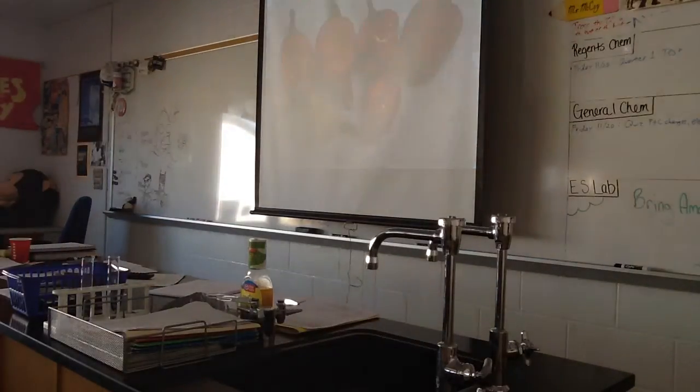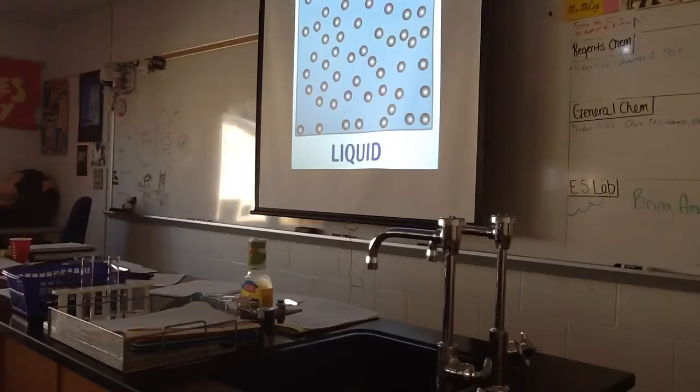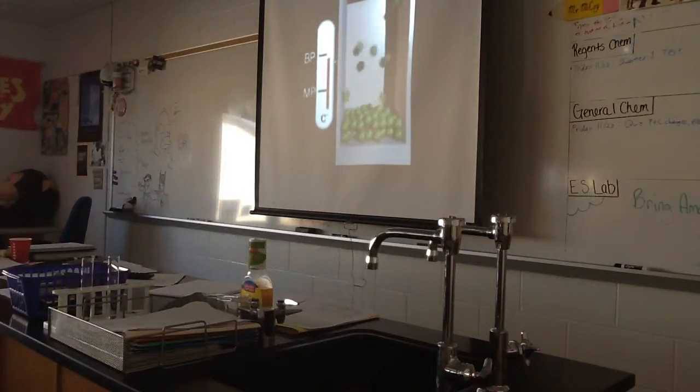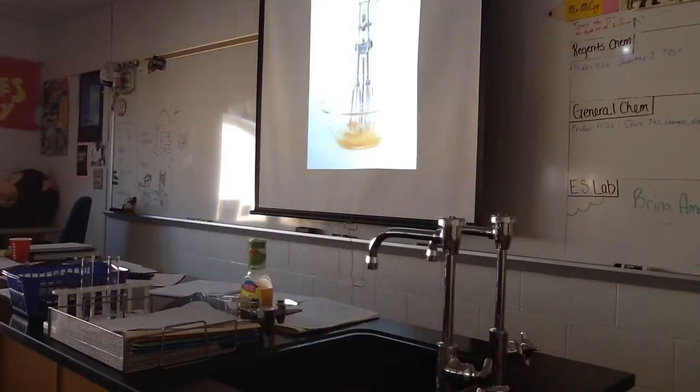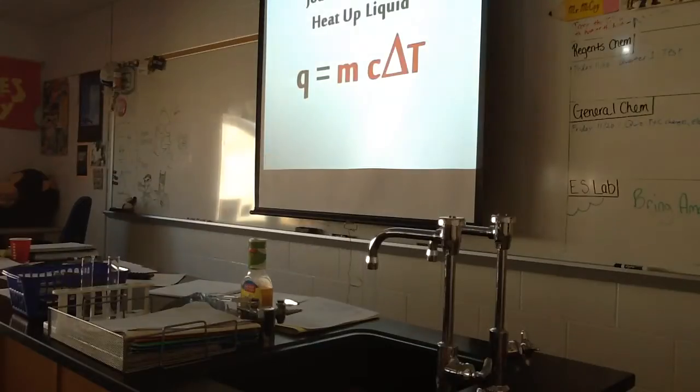The molecules of liquid move faster with more heat. The liquid gets less viscous and easier to beat. To get the joules you need to make the temperature rise, use MC delta T once more, and now here's a reprise.